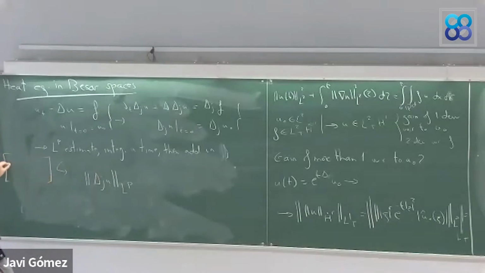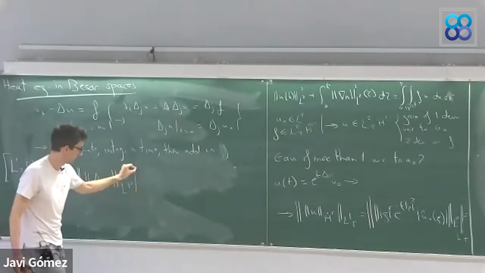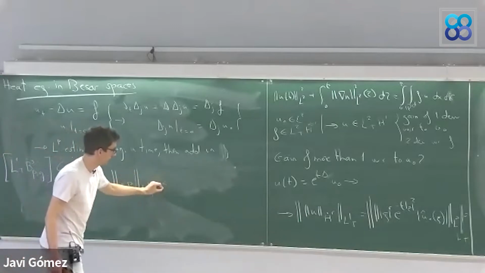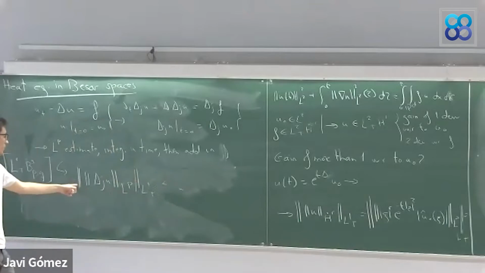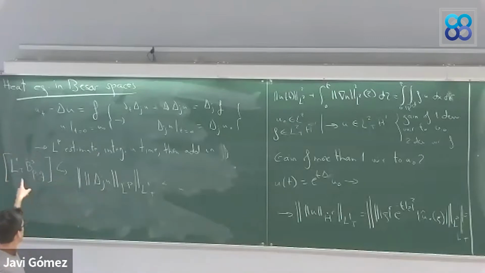So I want to say we are trying to do, let's say for example, the one where we put the derivative, L1 in time estimate. Some base of the space. If we do this LP and now we do L1 in time, and then we do the LQ, then we add all J, what we are obtaining is not this kind of spaces, but new ones.